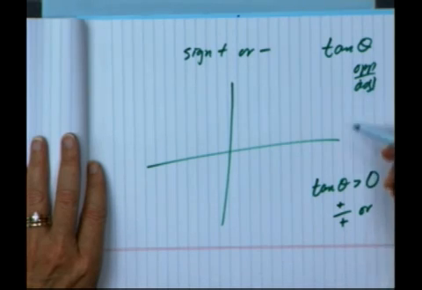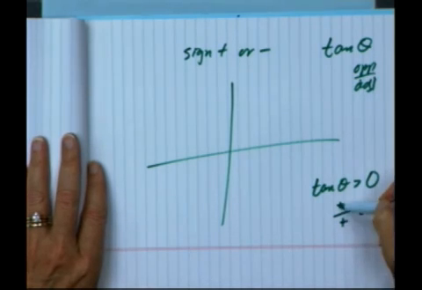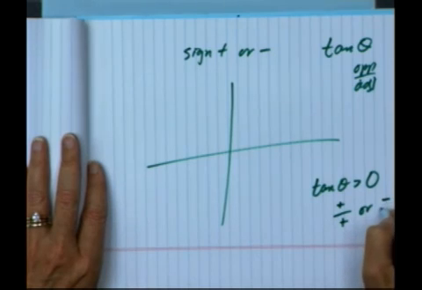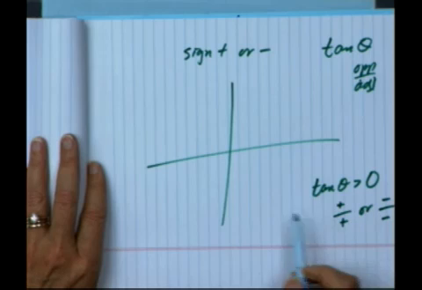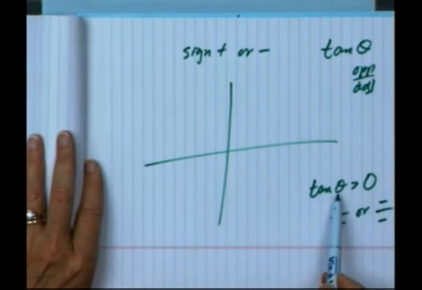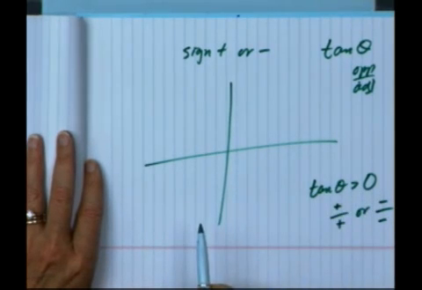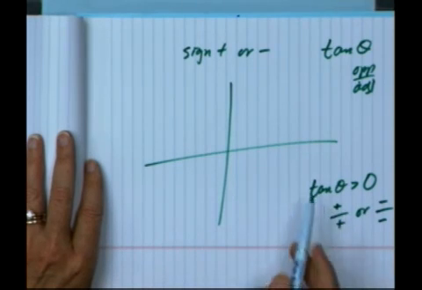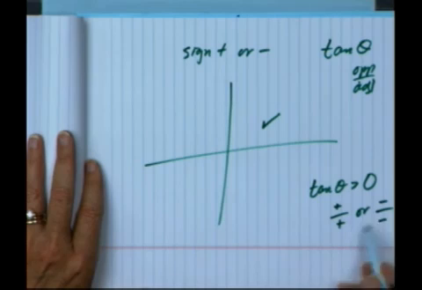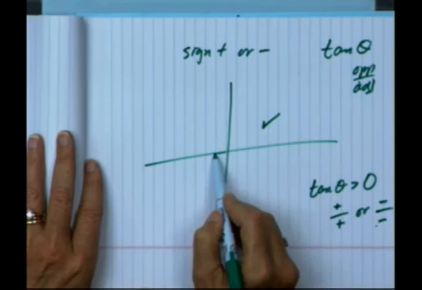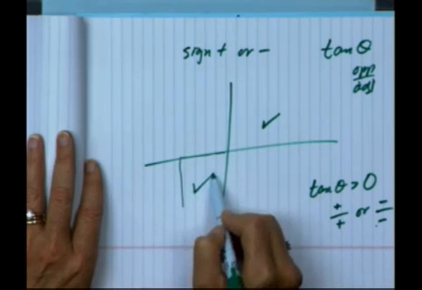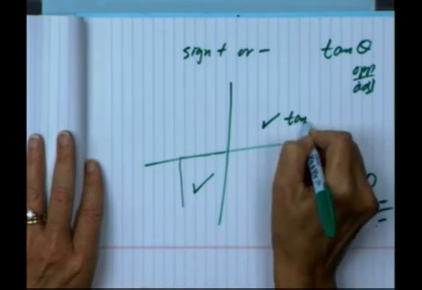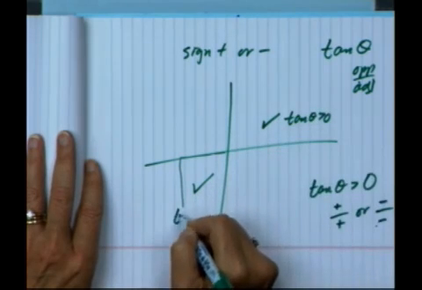How do you get a positive number from a fraction? Both positive or both negative, right? Which quadrants are going to have positive tangents? The first one, and where else? Where are you going to get a negative opposite and a negative adjacent? Yes, the third, because you have negative adjacent and negative opposite. So this is where your tangent is positive.